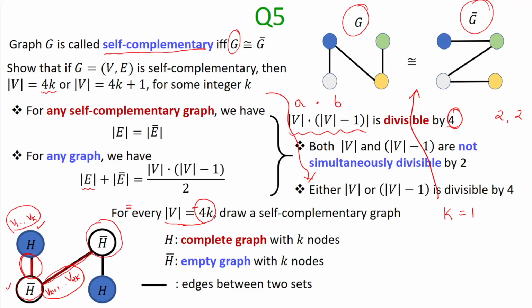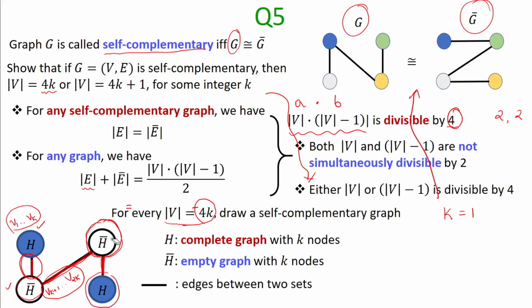That's the interpretation of this thick edge. Similarly, you have an edge between every node in this group and every node in this group. And similarly, every vertex in this group and every vertex in this group. That's the interpretation of this thick edge.